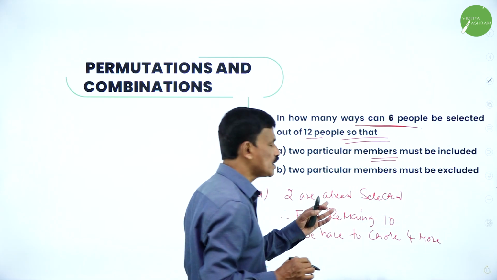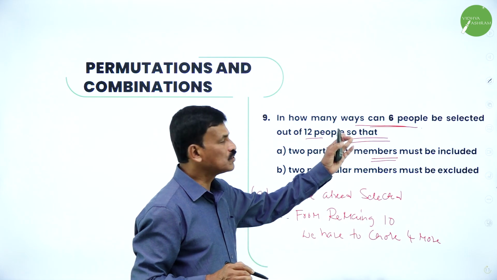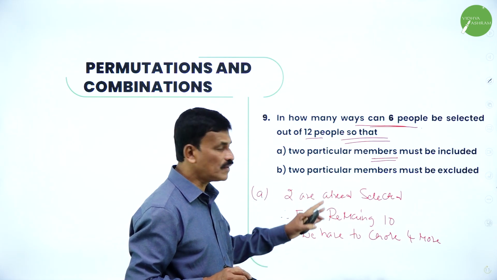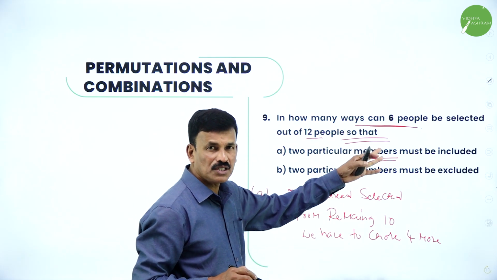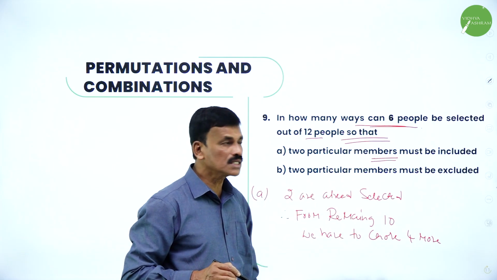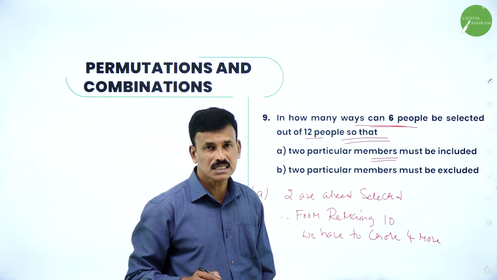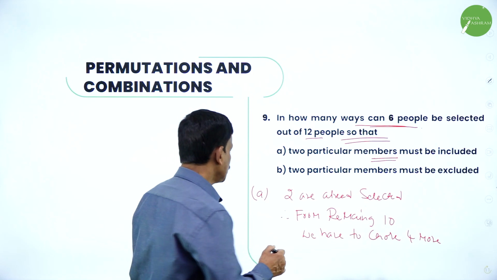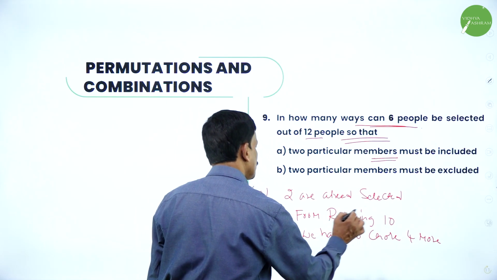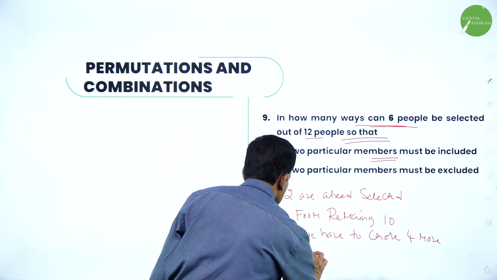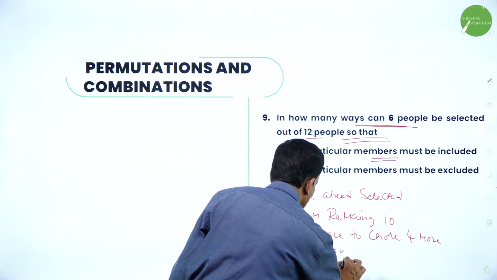Already 2 are selected, so 10 are left, and out of these 10, 4 people are to be selected. So the number of ways is 10C4.